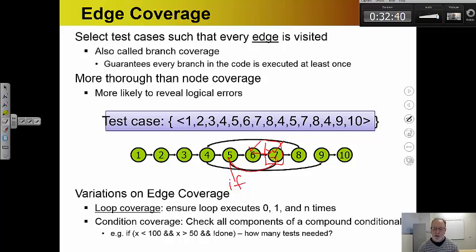It may be important to test whether, from 7's perspective, I came from 5 or I came from 6, because maybe there was something about what I did in 6 that would set up or cause the execution of 7 to be different in some way.